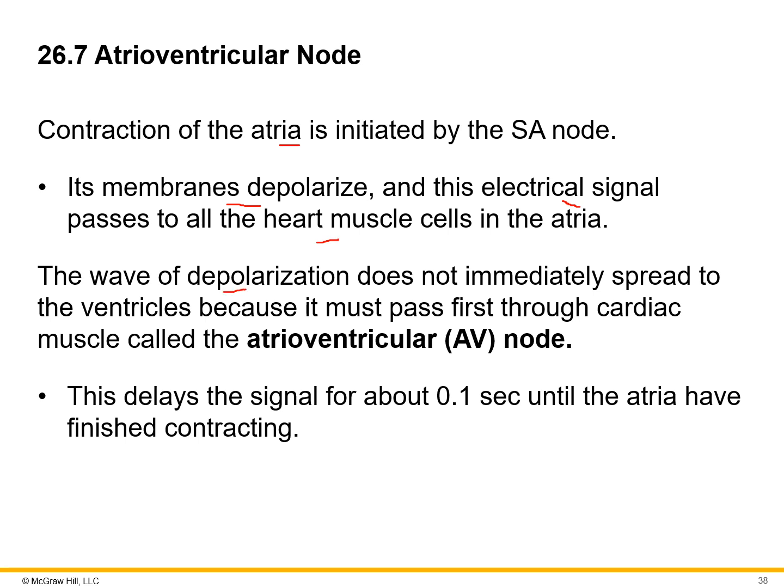So then that wave of depolarization doesn't immediately spread to the ventricles, because first it has to go through the cardiac muscle. And that muscle there is called the atrioventricular node, or the AV node. And so this delay is about 0.1 seconds until the atria are actually finished contracting.